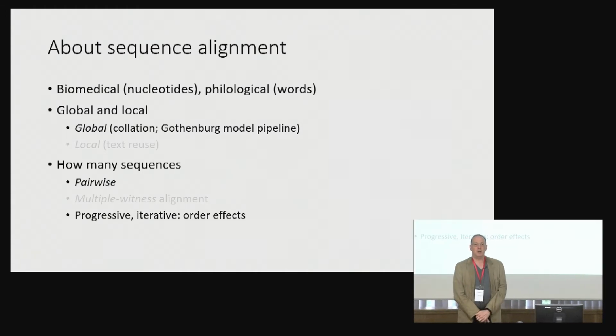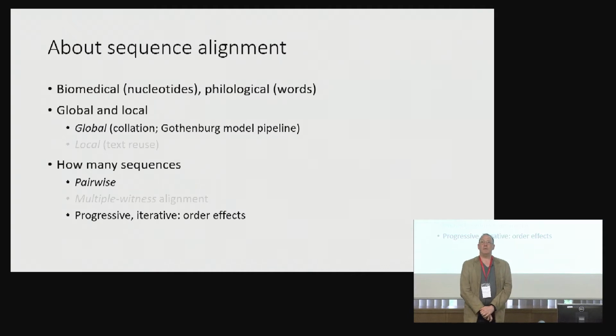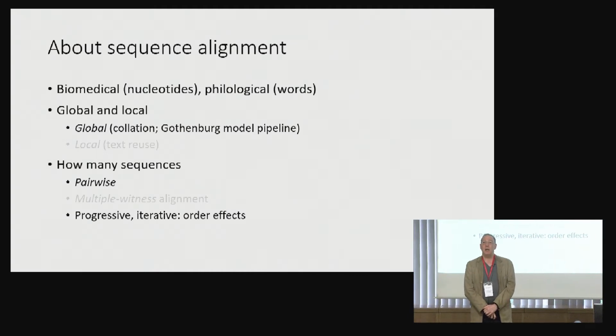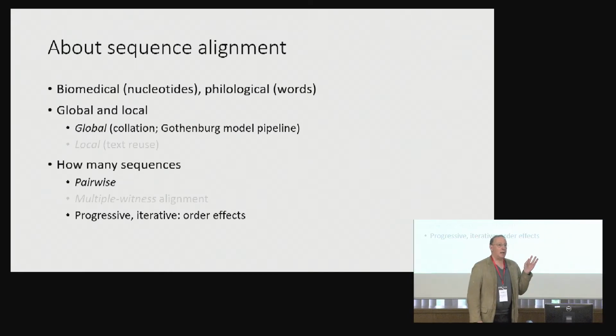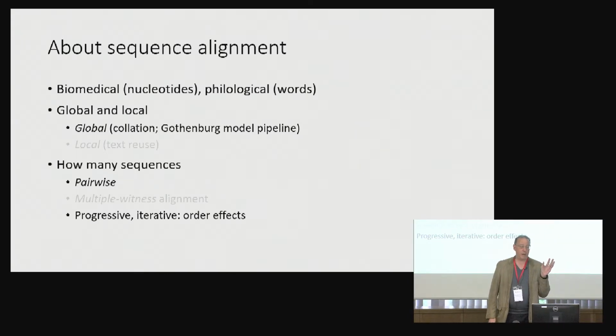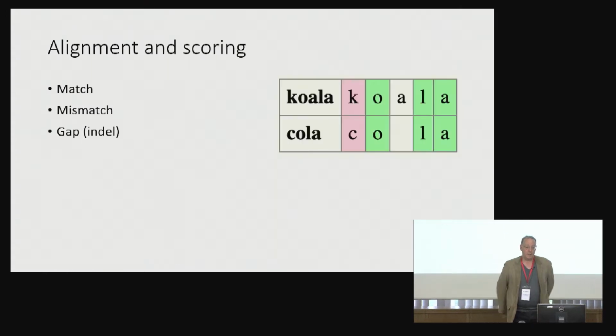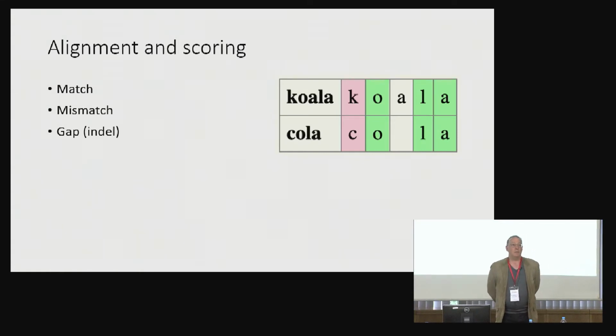For this presentation, when I focus on Needleman Wunsch, I'm going to be focusing on pairwise alignment and furthermore on pairwise global alignment. I'm not going to speak about local alignment, and I'm not going to speak about multiple witness alignment.